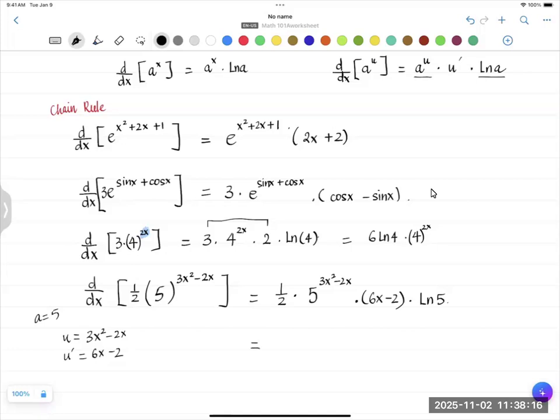And for this one, I'm going to bring everything to the front, so I will have 1/2 ln 5 times 6x minus 2 times 5 to the power 3x squared minus 2x. Okay, so if you are not used to the chain rule process, it's okay to let your u equal the exponent, then apply the exponential derivative rule and then times u prime. Okay, it's fine.